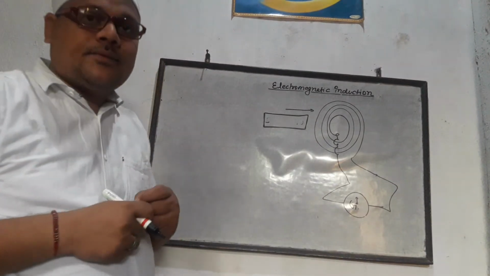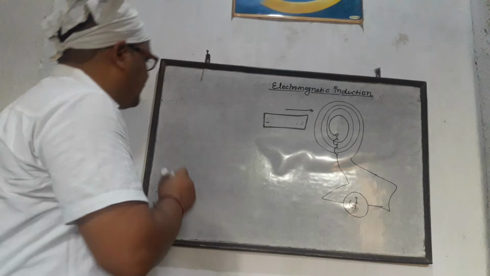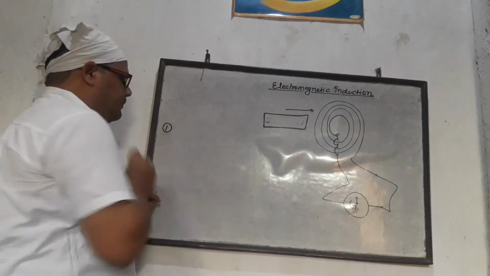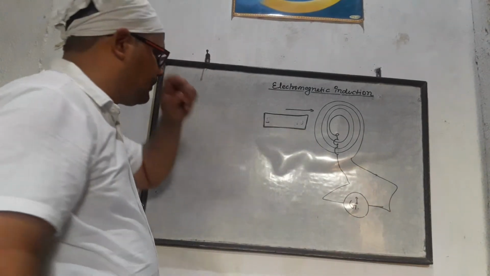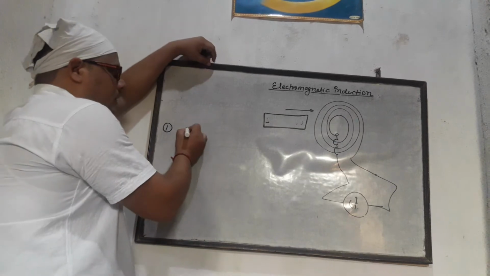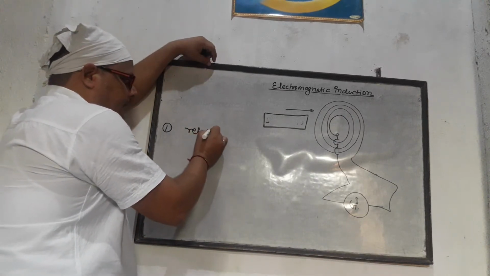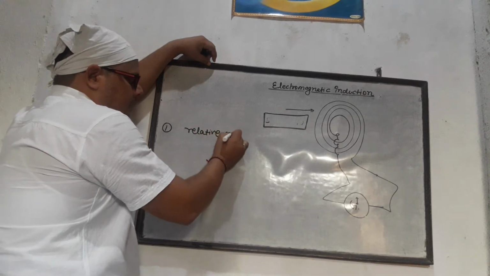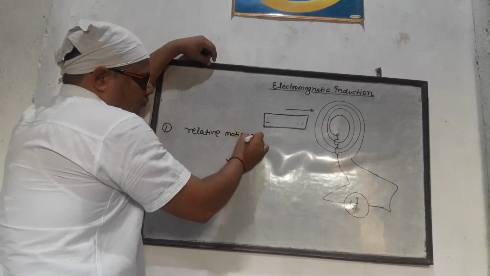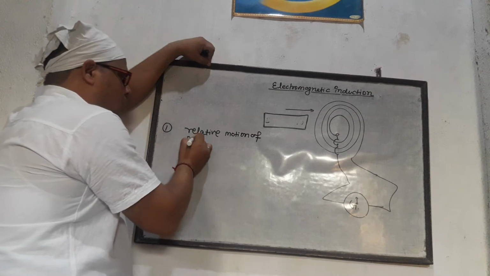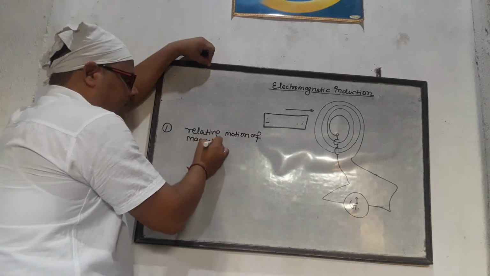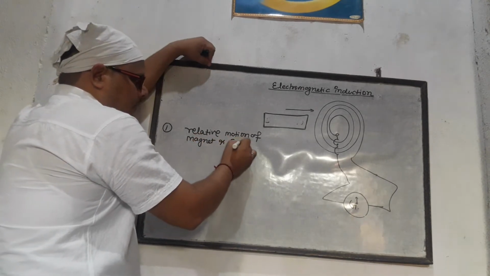How many steps are there to understand electromagnetic inductions? We will discuss it. First, you can observe the relative motion of magnet and coil.